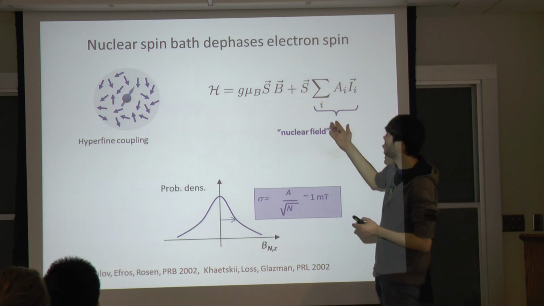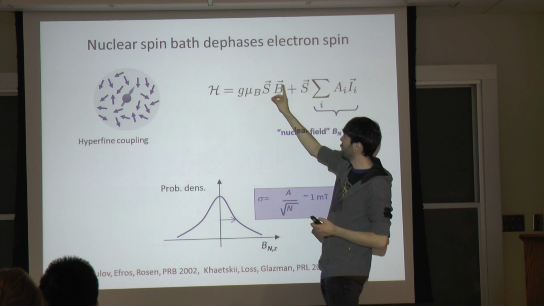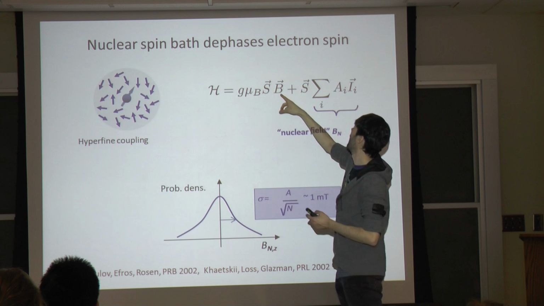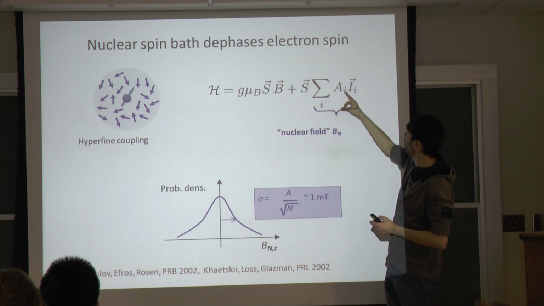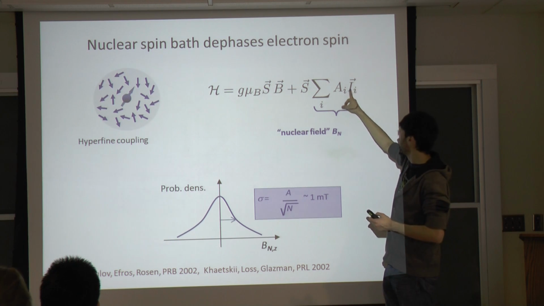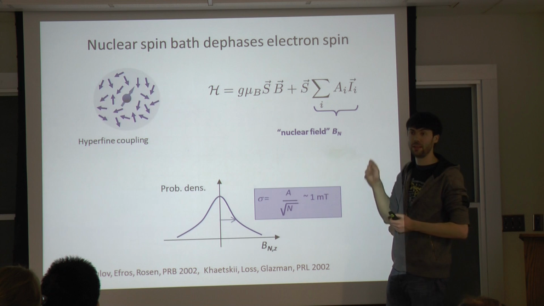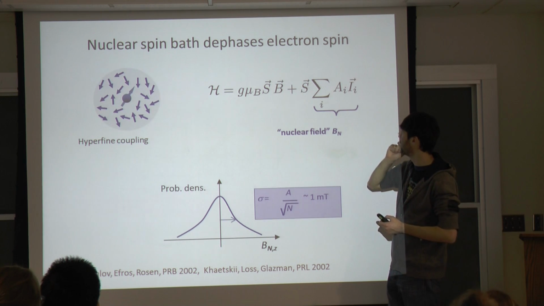The hyperfine interaction is this Hamiltonian. If we write the full spin Hamiltonian, it will have the Zeeman part like before. And we have to sum over all the nuclei. These are the nuclear spins I_i. And these are the hyperfine couplings between individual spins and the electron.